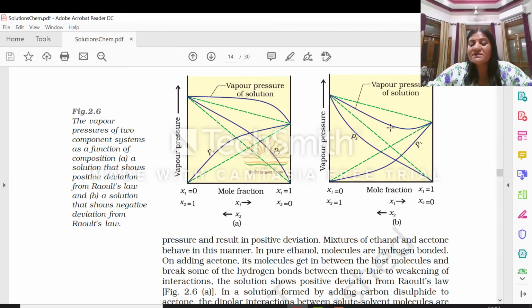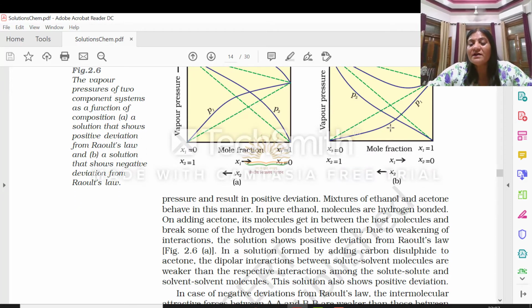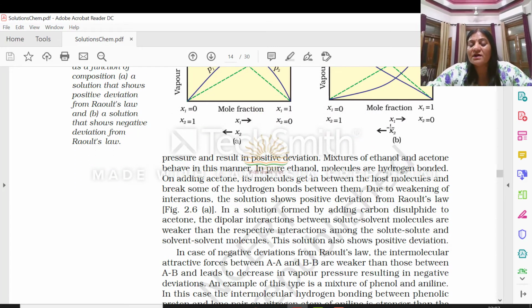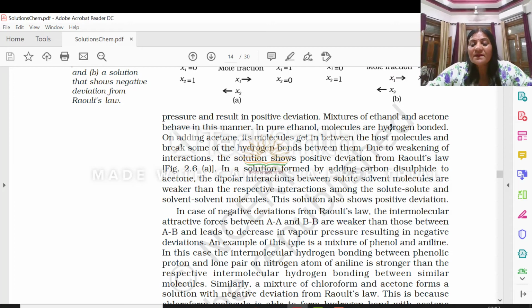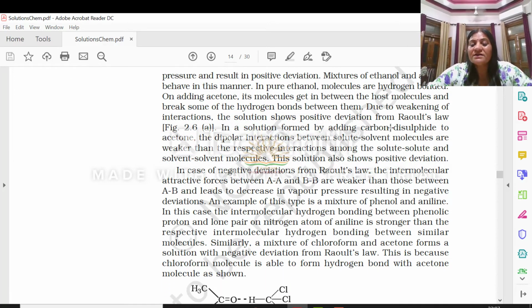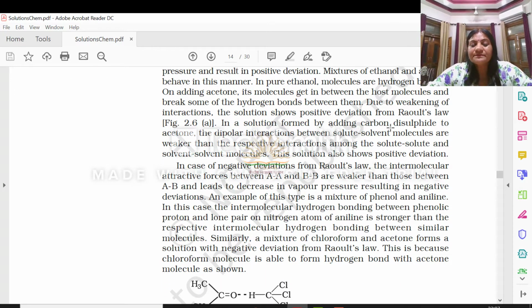And the reason is that solute-solvent interactions are stronger than the solute-solute interactions and solvent-solvent interactions. The intermolecular attractive forces between A-A and B-B are weaker than those of A-B, and this leads to a decrease in the vapor pressure, resulting in negative deviation.